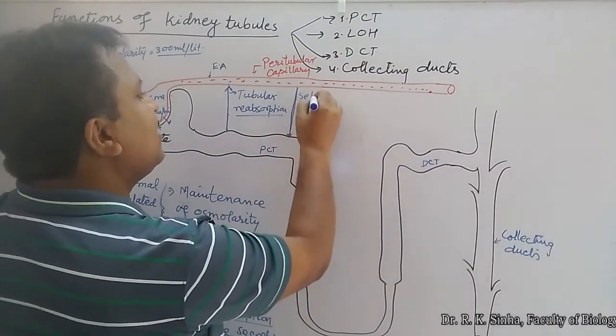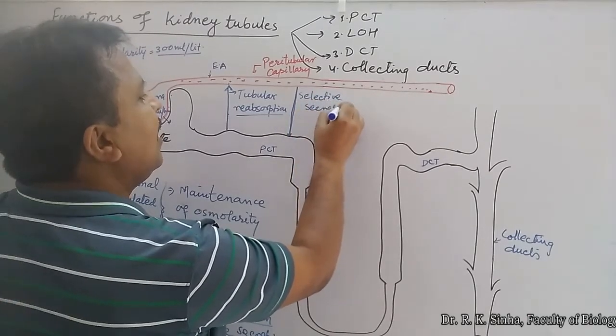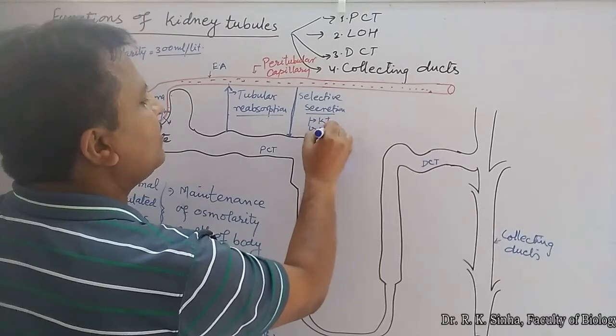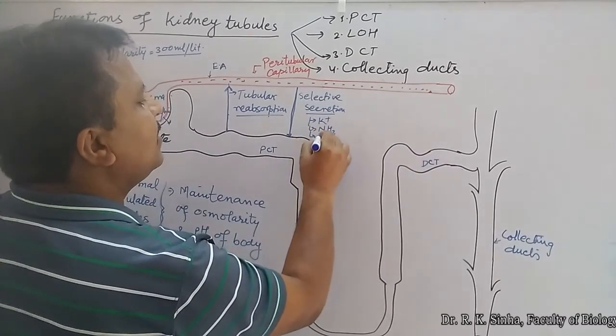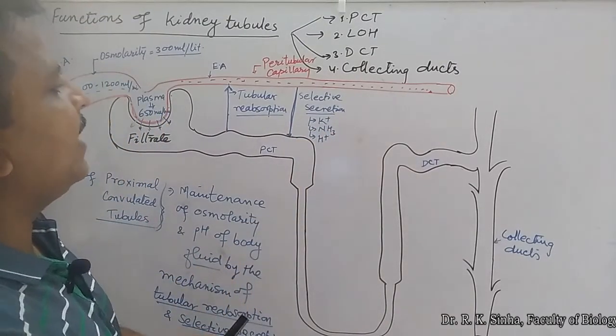This is known as selective secretion, and it involves K plus ion, NH3, and H plus ion. But how does this whole mechanism occur?